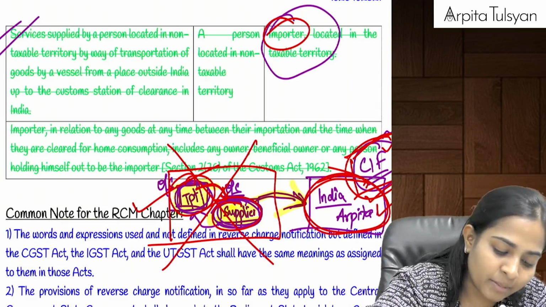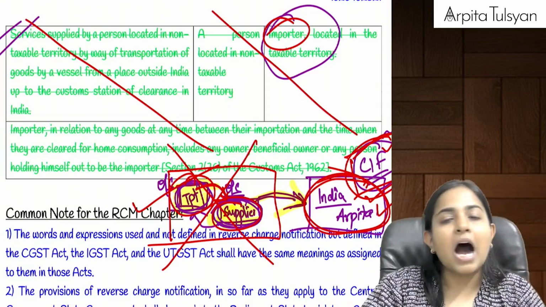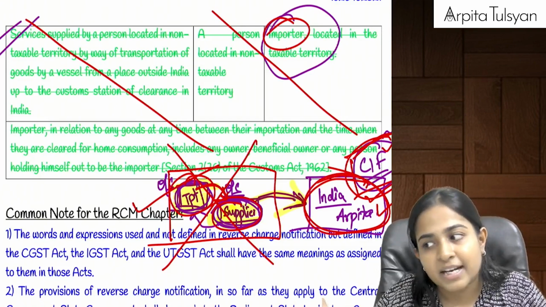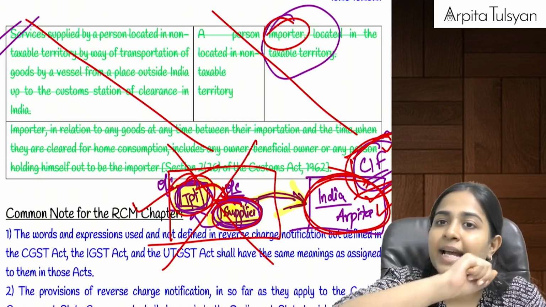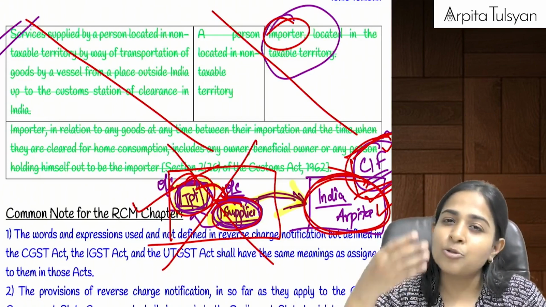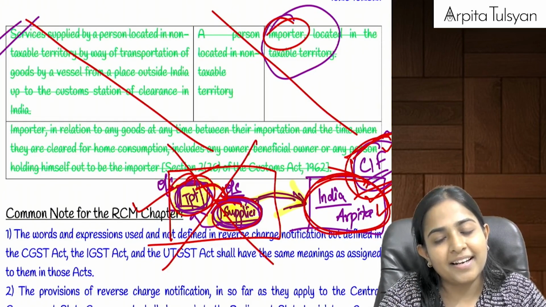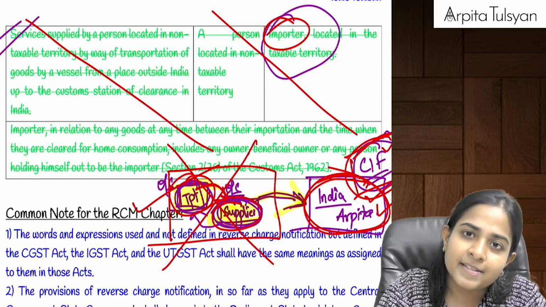Therefore, it was removed from RCM, and we will study this in further chapters. It is removed from the taxability point also. This is not at all taxable because this was leading to double taxation. Are you understanding this? Yes.